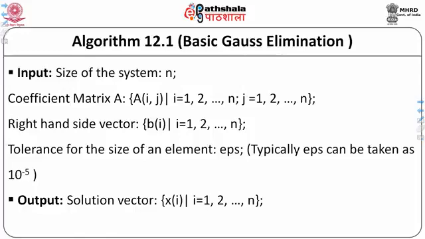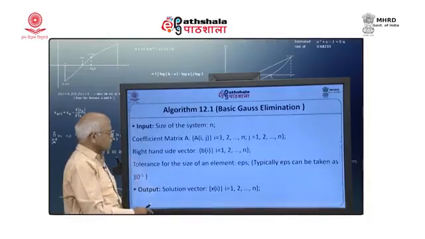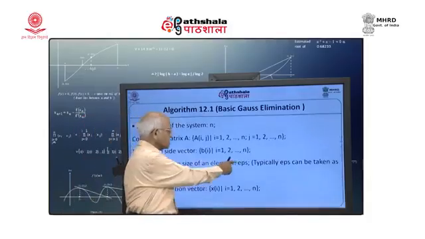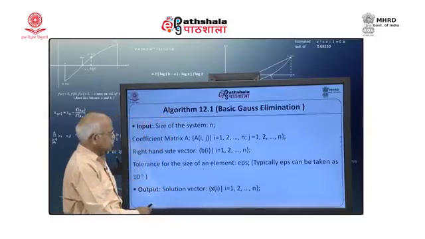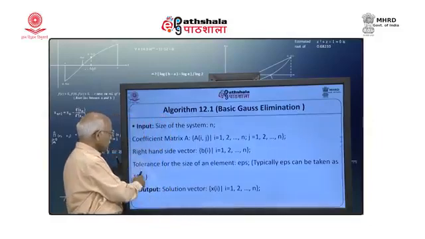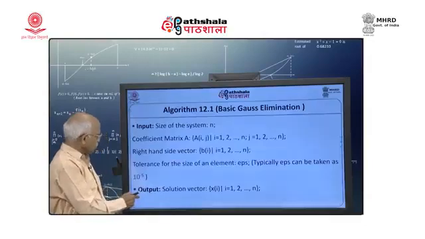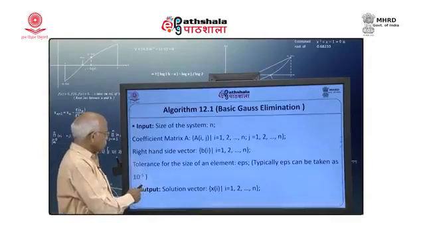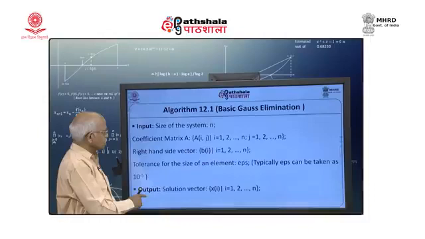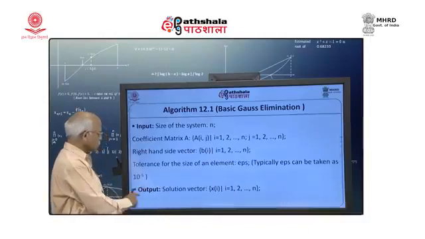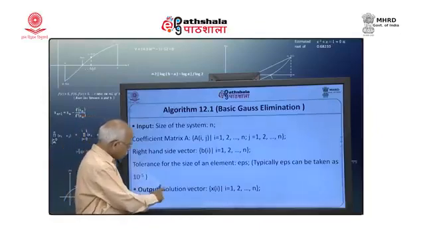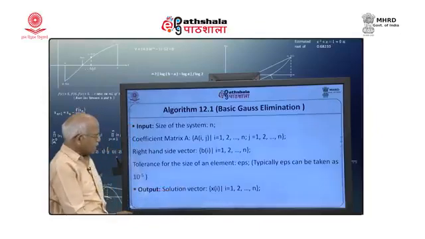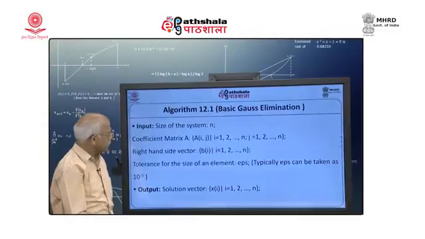The right hand side vector b_i, i equal to 1, 2, 3 up to n, any non-zero vector we are considering, and a tolerance for the size of an element, epsilon, typically epsilon can be taken as 10 raised to minus 5. We will see how this makes changes in the process here. The output is the solution vector x_i, i equal to 1, 2, 3 up to n.